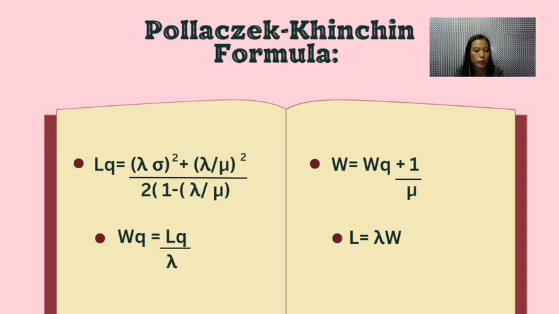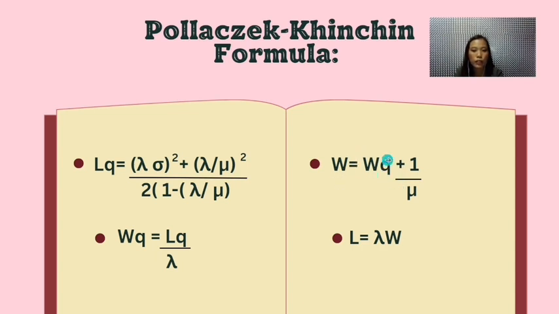Next is the Wq. Wq is used to calculate the average time spent in line. To calculate the Wq, we can use this formula: Wq is equal to the average number of customers in the line over lambda. Next is the W. W represents the average time spent in the system.